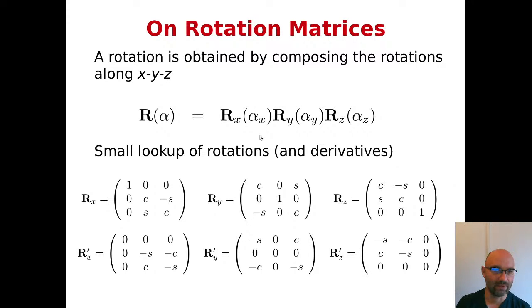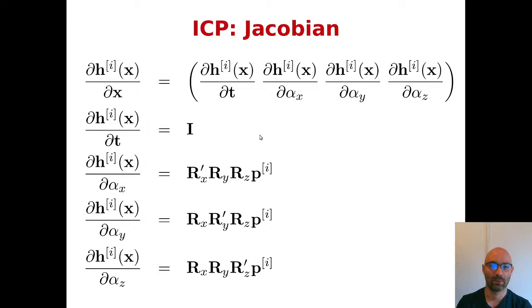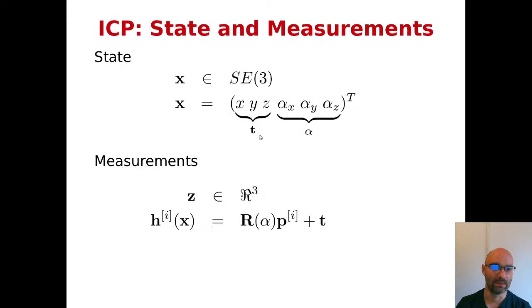Now, having recapped the rotation matrices, we can go back to the requirements of our ICP. Recall that I have defined the prediction function. So the error function will be simply the prediction minus the measurement.